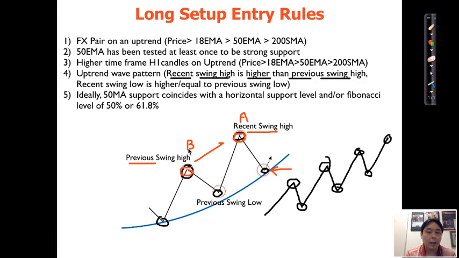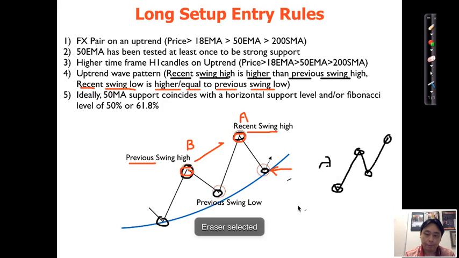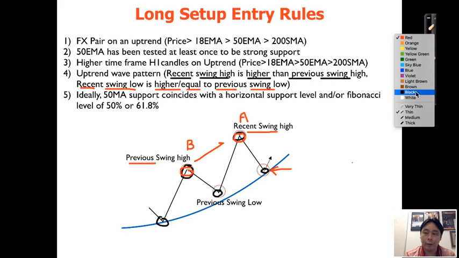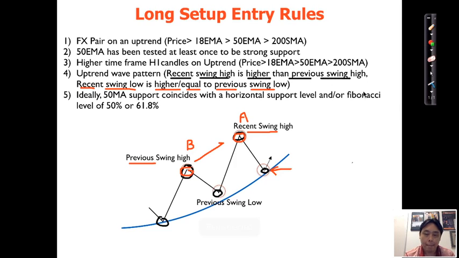Next, I want to ensure that the recent swing low is also higher or equal to the previous swing low. So let me illustrate that. Which one is the recent swing low? Can you tell me? That's right.